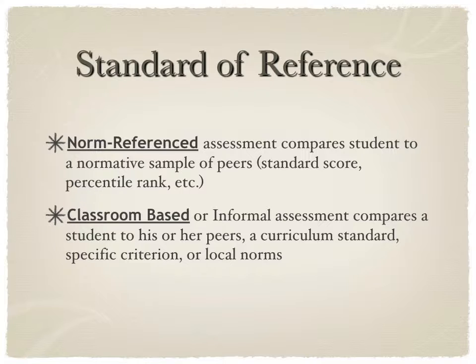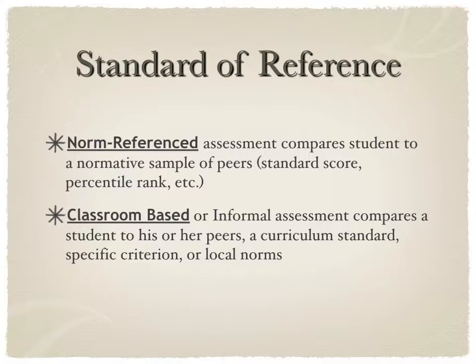So, test publishers will administer that test or that measure to a large sample of people, and that will provide a norm group or a normative sample. And when we administer the test to an individual child, we compare his or her achievement or performance against that of the normative sample. And that allows us to compare the child's achievement to the achievement of other students in the normative group.